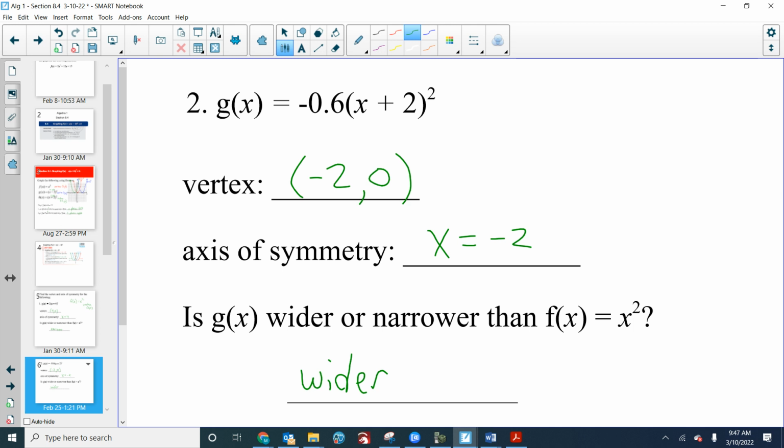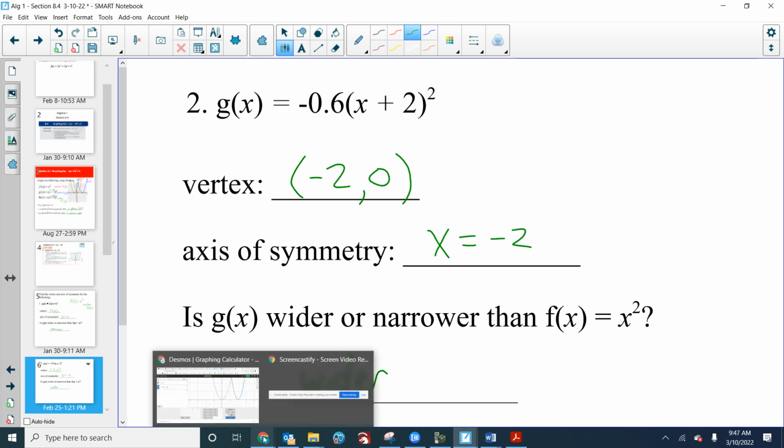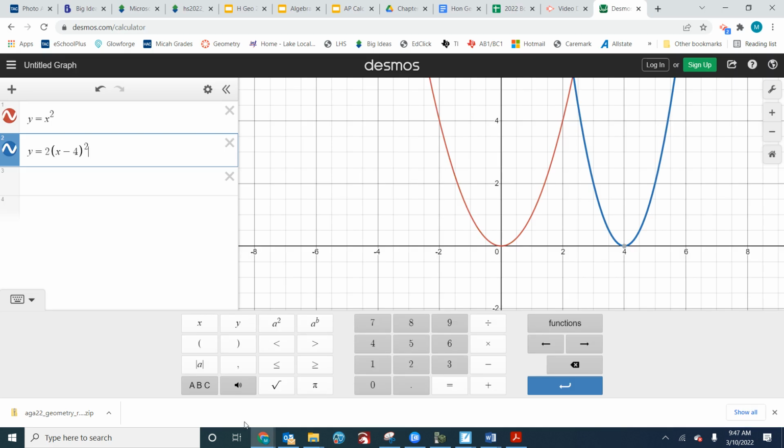So, let's go to Desmos. British accents. You know what I think is crazy? There's a lot of actors that talk with accents, obviously, when they act.